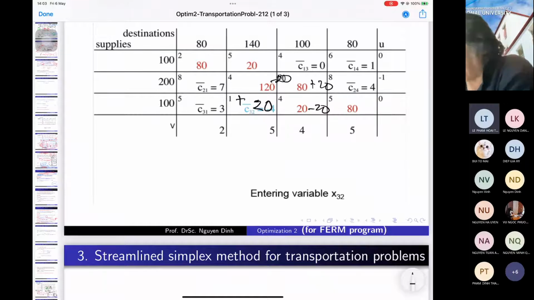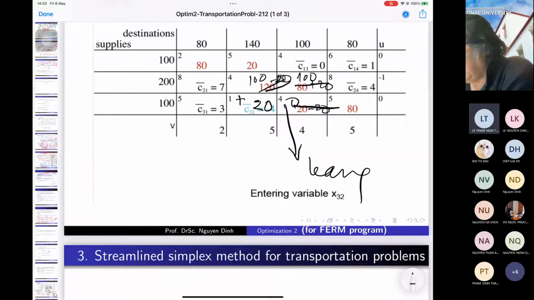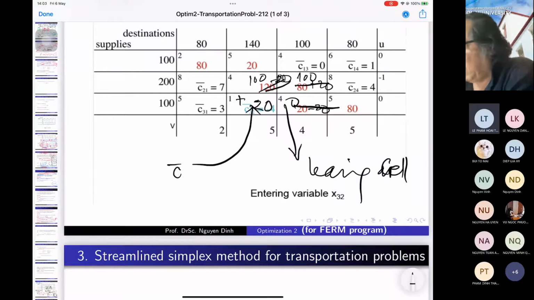And after all, you have 20 here, and here is 100, and here is 100, and here is 0. This becomes 0, so this is the leaving cell. And of course, it is because C bar 32 is minus 4, negative, so this cell is the entering cell.